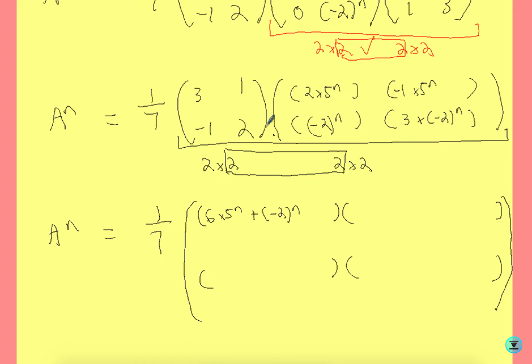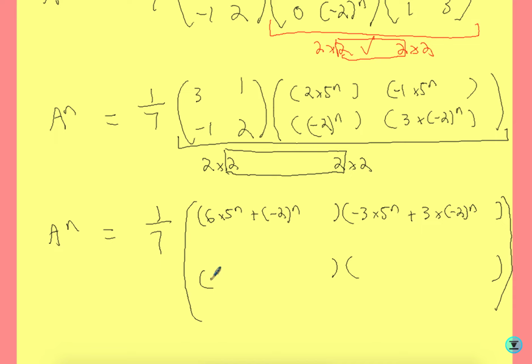Right, now in here, so that's 3 times negative 1, negative 3 times 5 to the power of n, and then plus 3 times negative 2 to the power of n. Looks alright to me. Right then, row 2 times column 1.